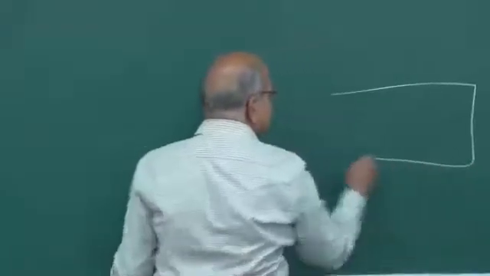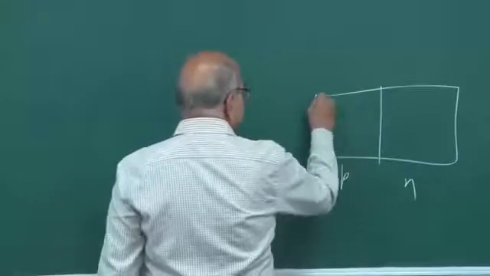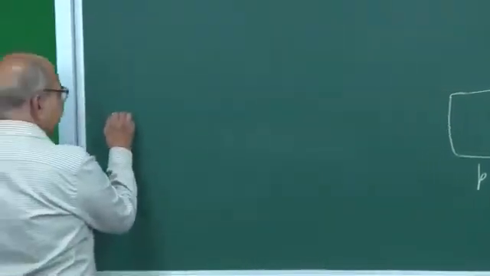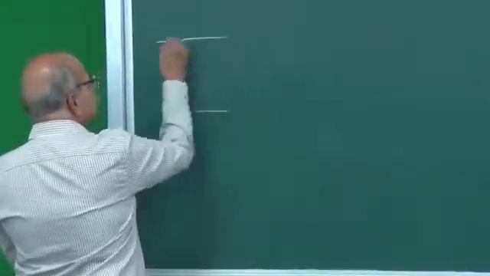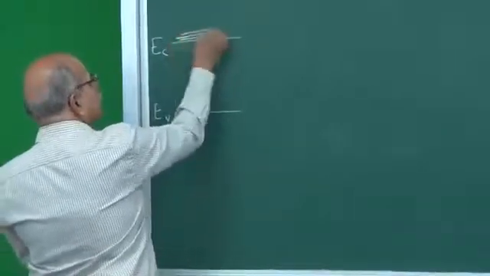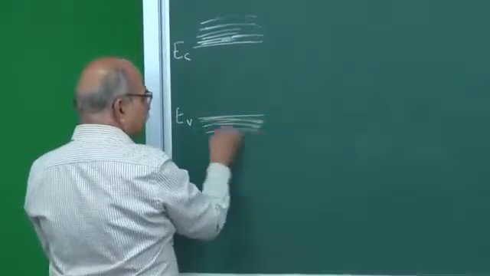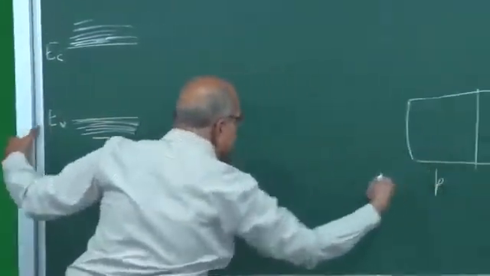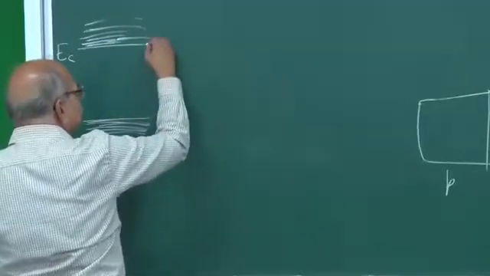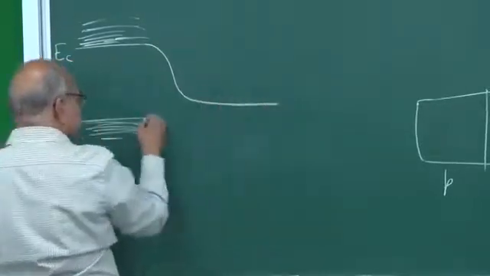So if you have this p-n junction, this is the p side, this is the n side, and if you write the energy bands, conduction band and valence band, say this is EC and this is EV, so the conduction band is here, the valence band is here, and this is well away from the junction in the p side, and then you have a bending out here.